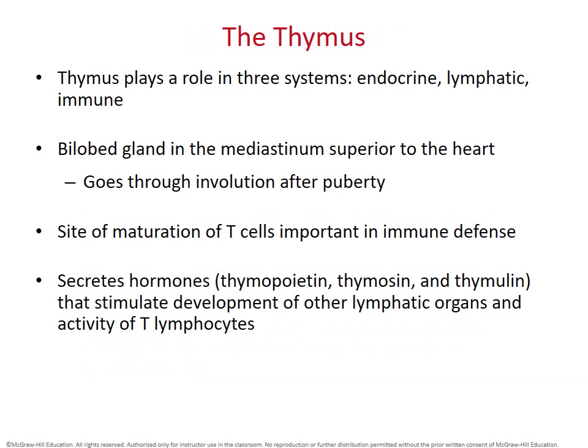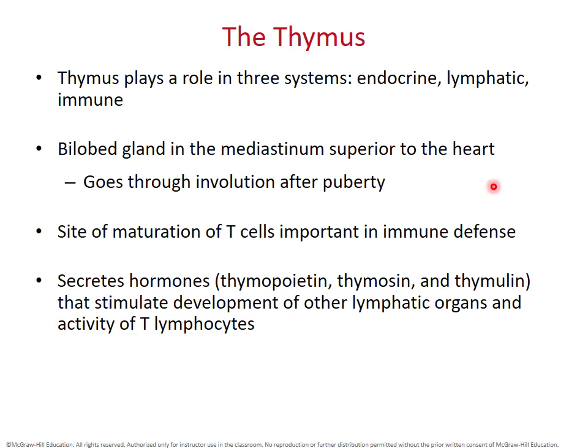All right, the thymus is another gland that diminishes with age. And the thymus is an interesting gland. It tends to be included in 3 separate systems: the endocrine system, the lymphatic system, so we already have mentioned it this semester, and the immune system, which, while not an organ system, is a functional system of the body. It's a bilobed gland that sits in the mediastinum.